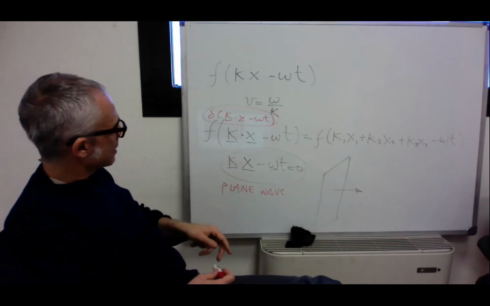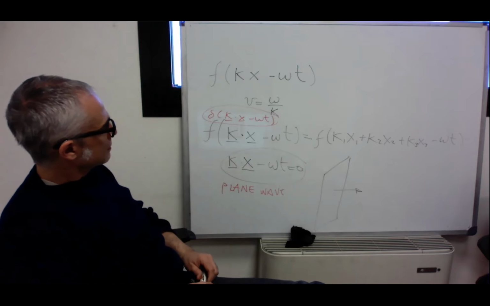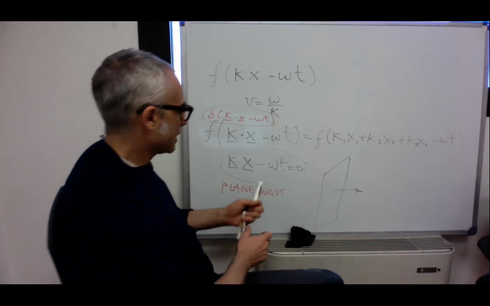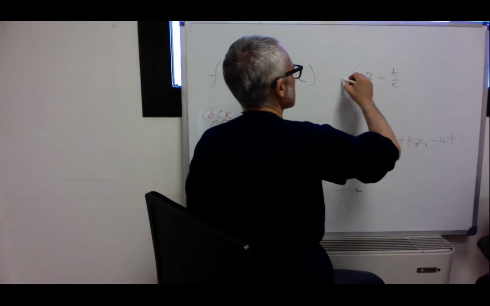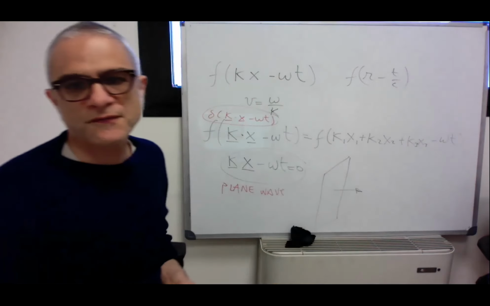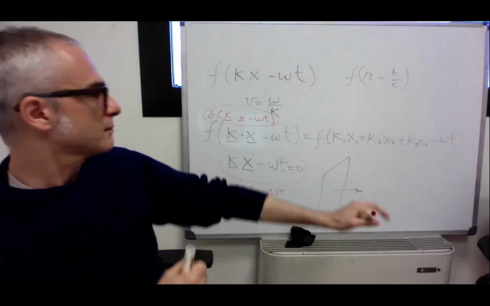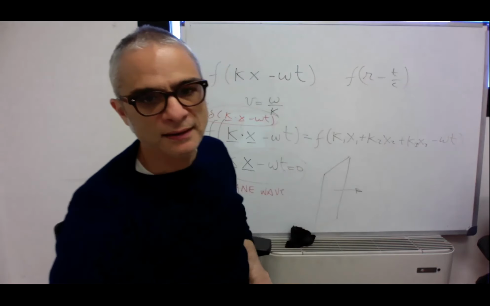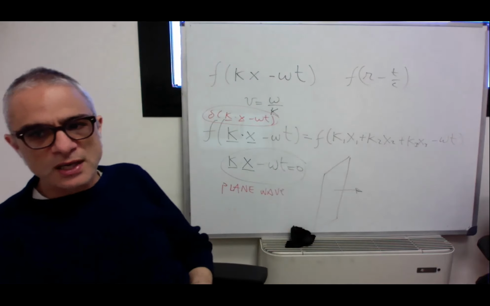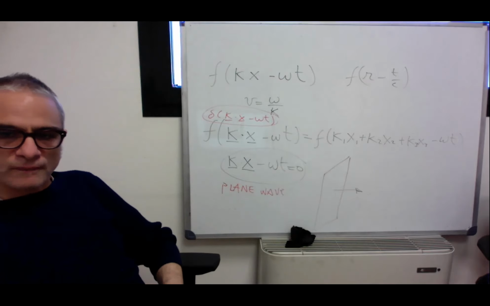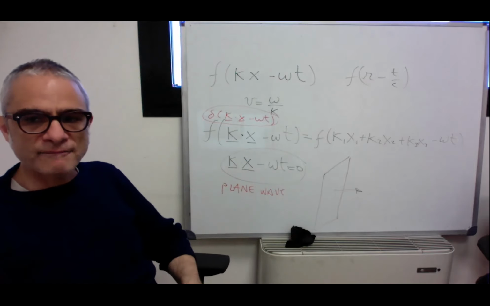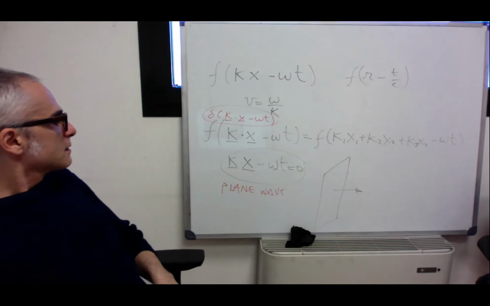You don't have a scalar product here. In the case of a spherical wave, you would have r minus c t, and that would be a sphere. But we don't need to think about that now. For surface waves we are sticking to plane waves to keep it simpler. We are not getting into cylindrical surface waves.